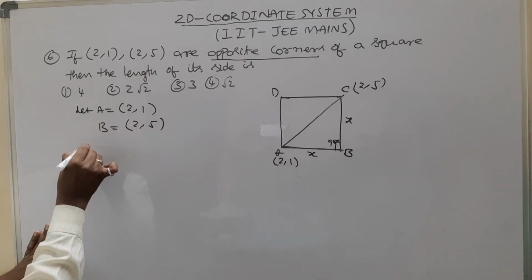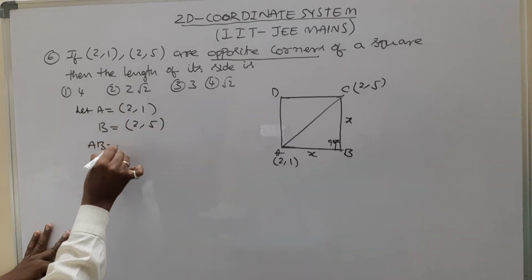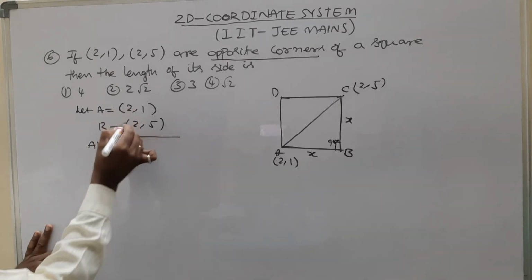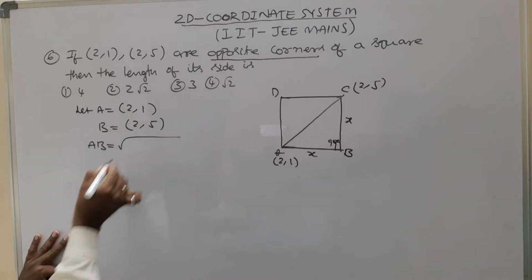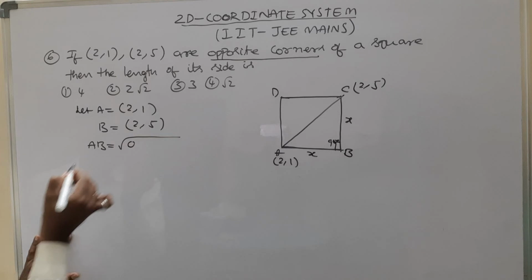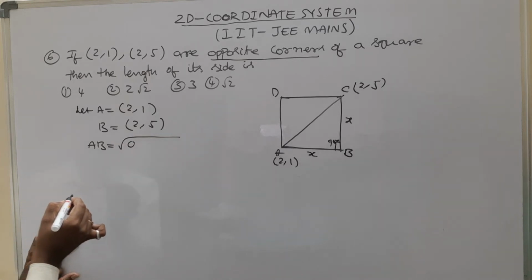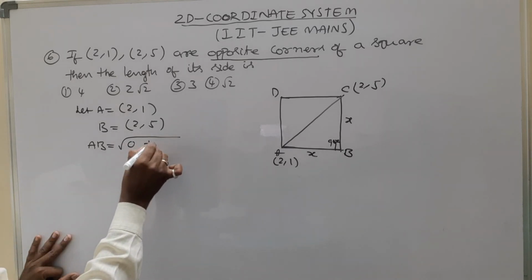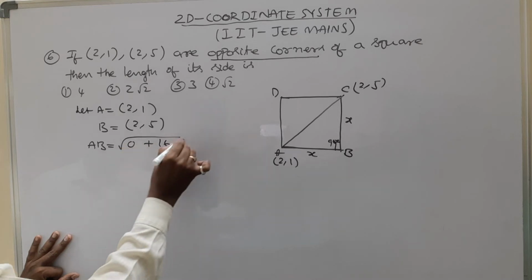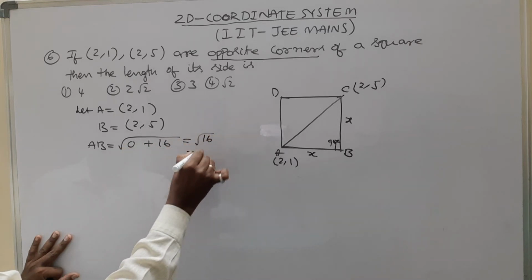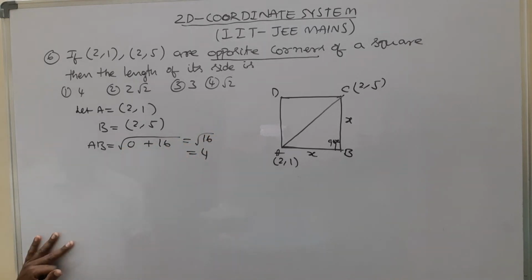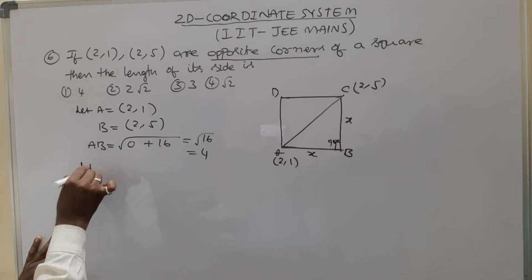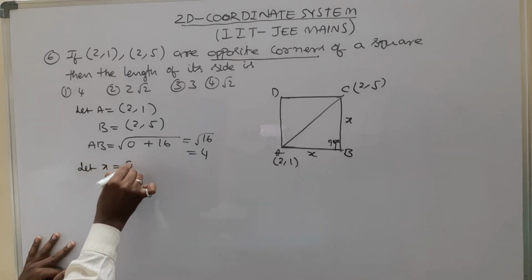To find the distance AC: square root of (2 minus 2) which is 0, and (1 minus 5) which is minus 4, whole square, 16. Root 16 is equal to 4. Let x equal the side of the square.